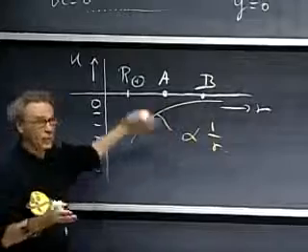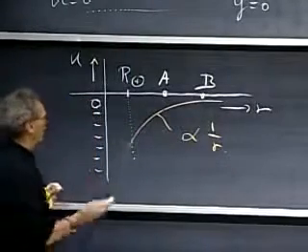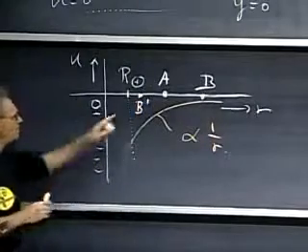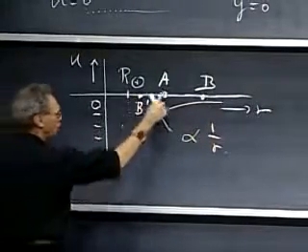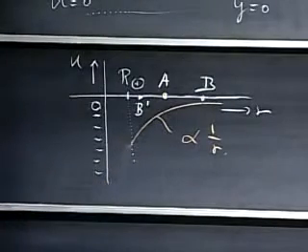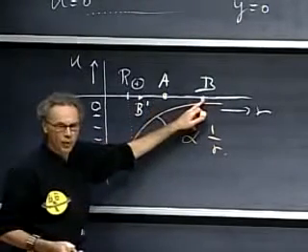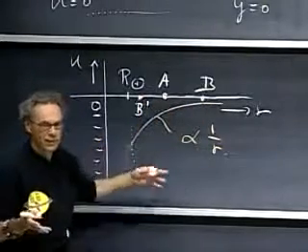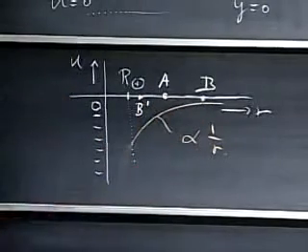I have to do positive work. If I go from A to another point B prime, which is closer to the Earth, notice that the gravitational potential energy decreases. I do negative work. If I do positive work, gravity is doing negative work. If I do negative work, gravity is doing positive work.